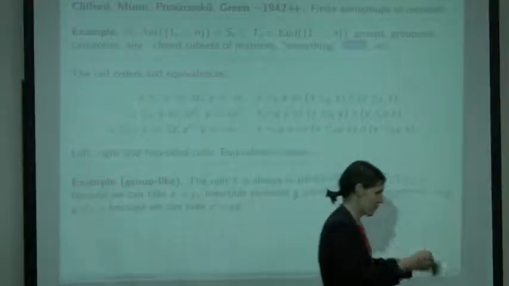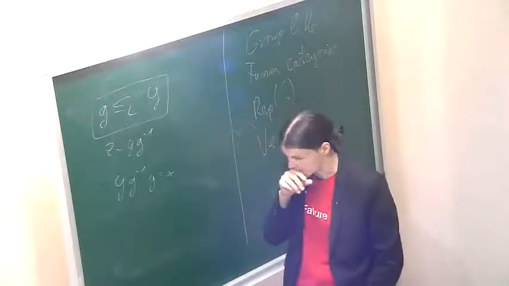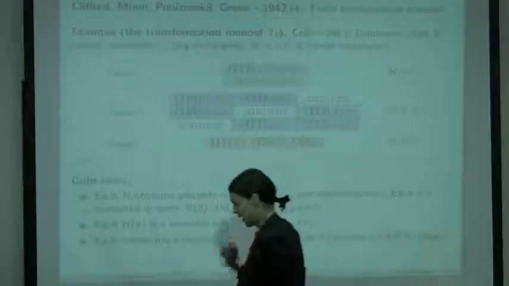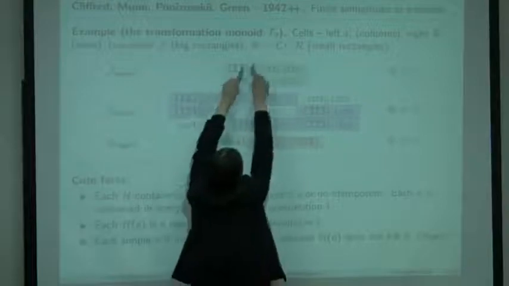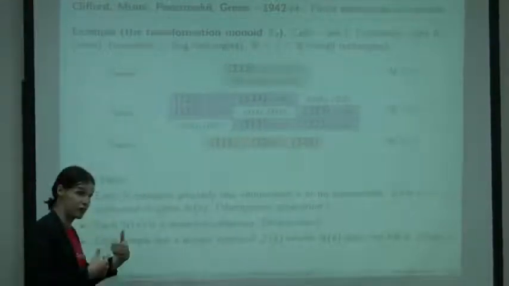But for semigroups, interesting things can happen. Here's my example. What people like to do in this business is draw those diagrams. These are called egg box diagrams, and it just works like this. The big rectangles, this one, this one and the bottom one, are the two-sided cells.